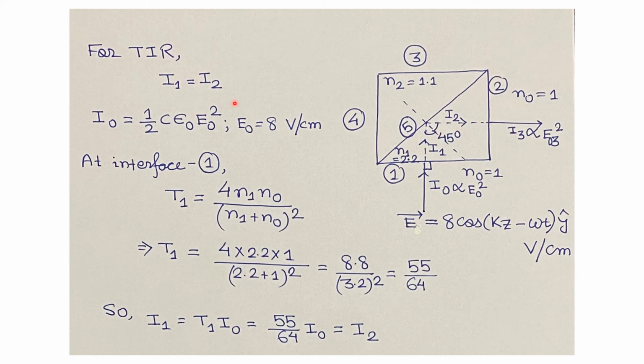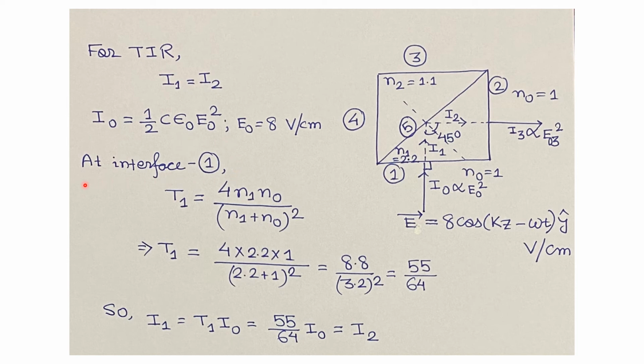So I1 equals I2, and I0 is the intensity of the EM wave in region 1, which is given by half times C epsilon naught E naught square, where E naught is given in the question, that is 8 volt per centimeter. Here C is the velocity of light or EM wave in vacuum, and epsilon naught is the permittivity of vacuum.